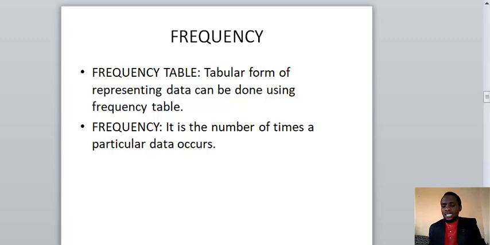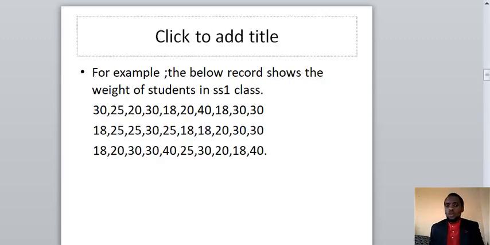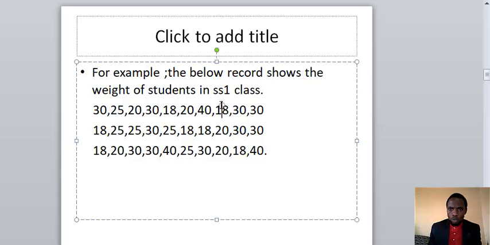If you look at the data we presented earlier, how many times does 18 occur? We can count it. We have 1, 2, 3, 4, 5, 6, 7, meaning 18 occurs 7 times. So we put it in a table.